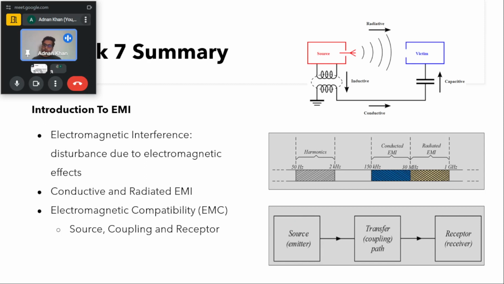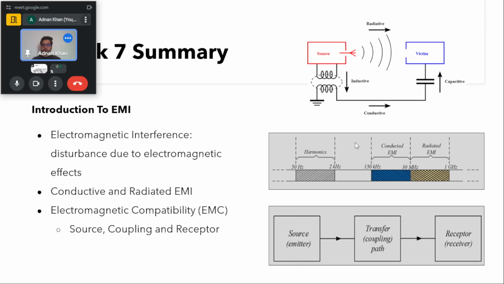It can affect frequencies below and above that as well. Now if we have frequency components above 30 megahertz, up to the gigahertz level, then this source can propagate these disturbances, this electromagnetic effect, be it inductive or capacitive, through the medium without any physical connection, by radiating it from the source to the sink.